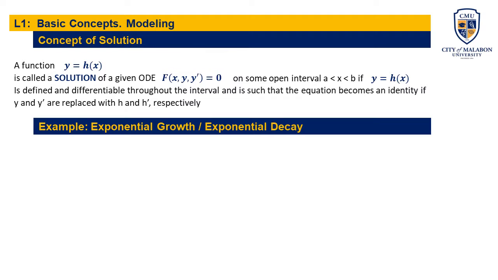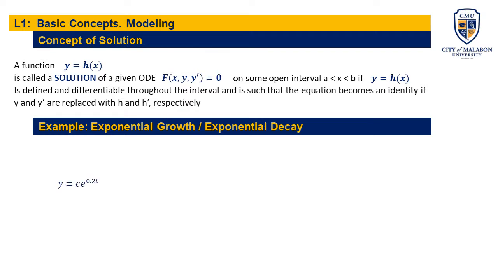Another example. In application, we can use these two equations for exponential growth and exponential decay. I'm just listing out some examples. Although we have references to other applications, we don't have the time to present them here.